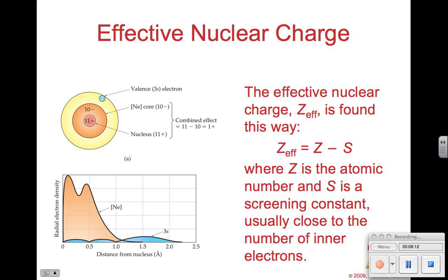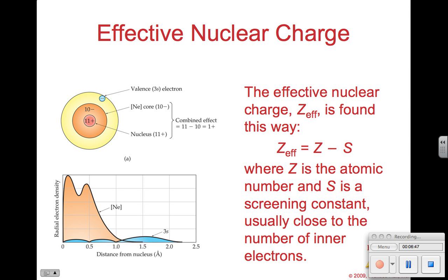In this case, we've got atomic number 11, which is sodium, and then we subtract an S value, or the screening constant, which for our purposes right now we can understand to be the number of inner electrons or core electrons. So for sodium, the effective nuclear charge would be +1.